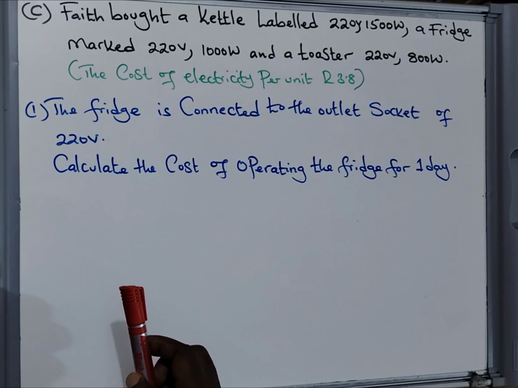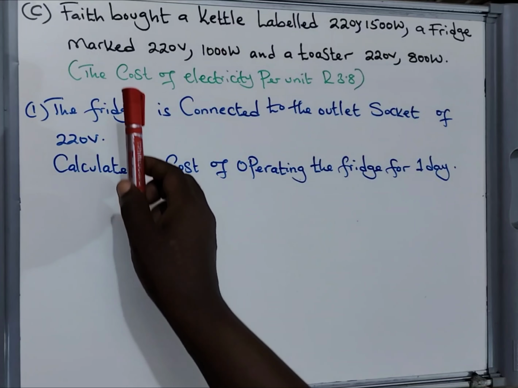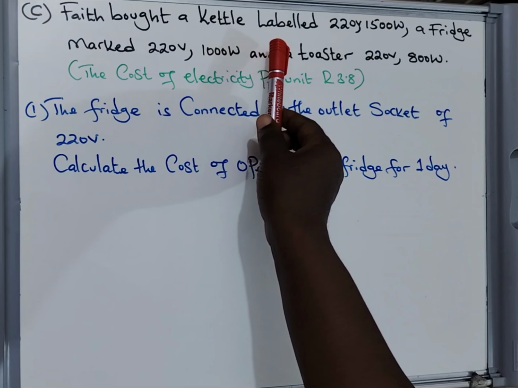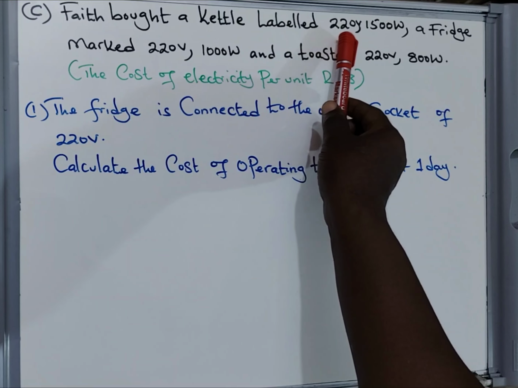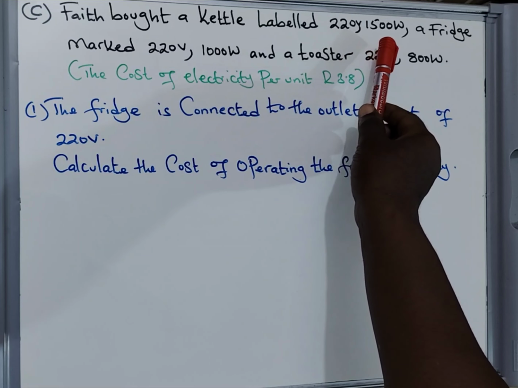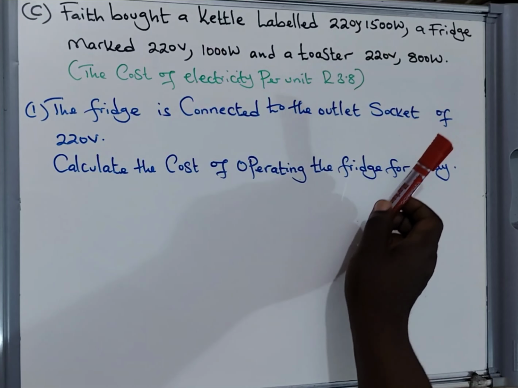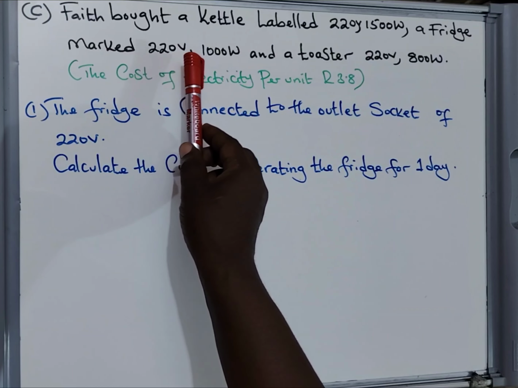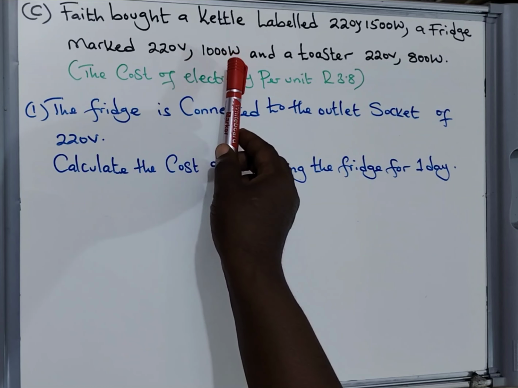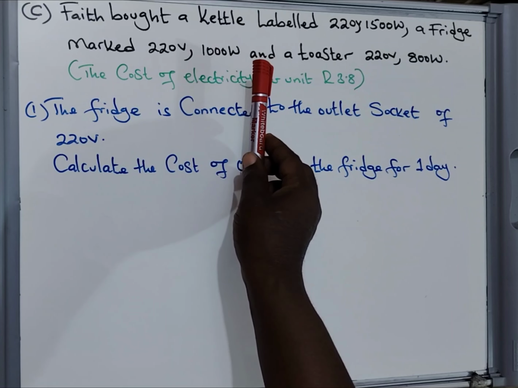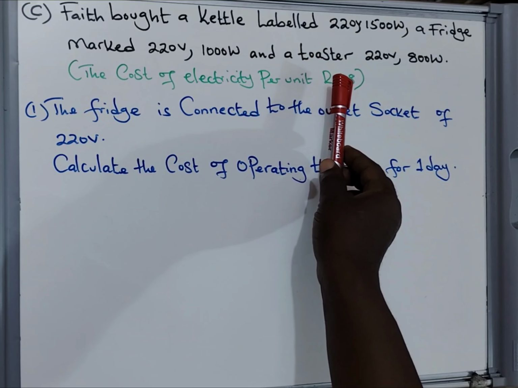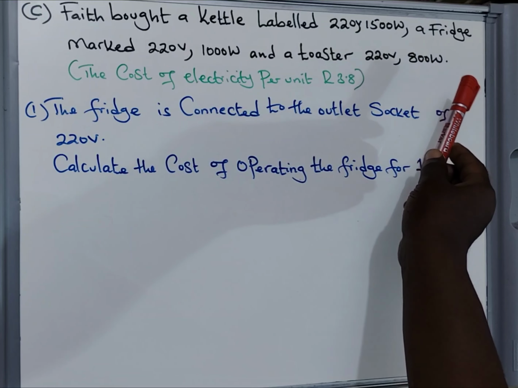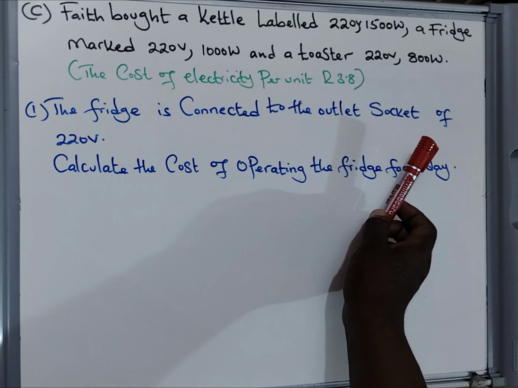Then comes this question. It says that Faith bought a kettle labeled 220 volts, 1500 watts, a fridge marked 220 volts, 1000 watts, and a toaster 220 volts, 800 watts.